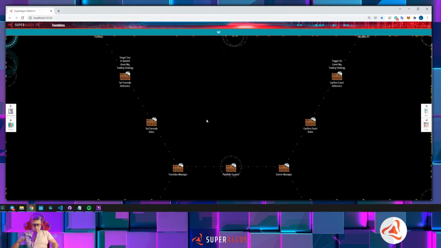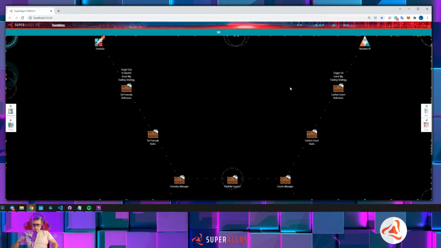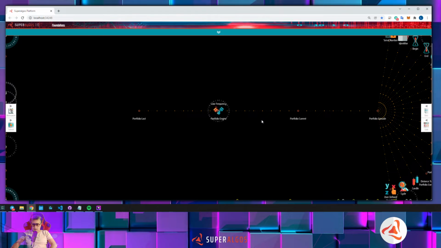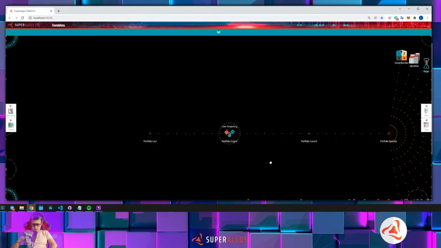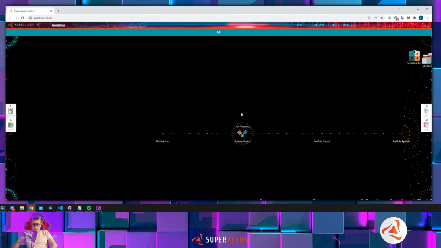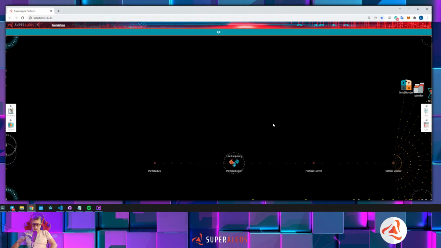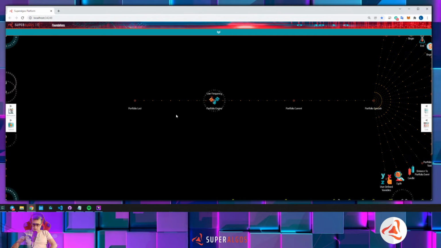I don't know how it's going to be organized, but it will have some order and it will have some formulas and conditions and whatever. And all this processing will end up at the portfolio engine. So we'll end up here at the new area of risk management, and it will be just information.